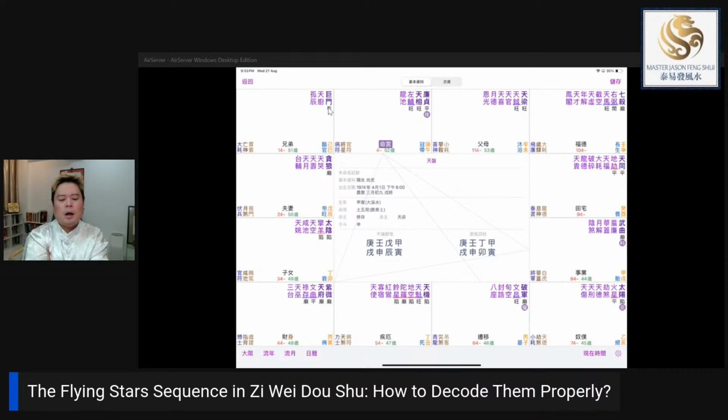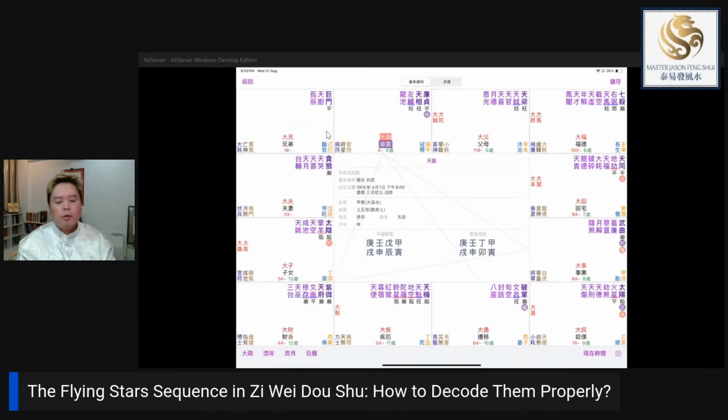Yeah. So this is how flying stars will be able to show you a lot of information in someone's life. Because we have to take into consideration that the self domain itself will also generate a certain sequence of flying star.